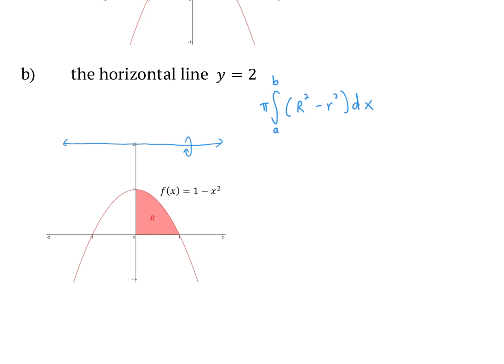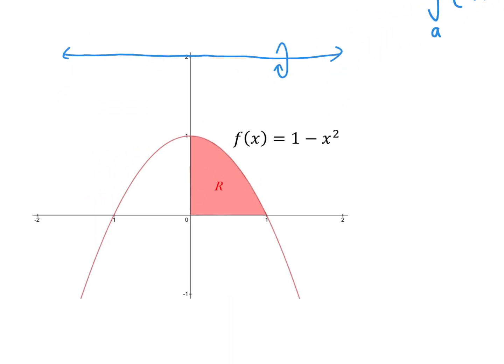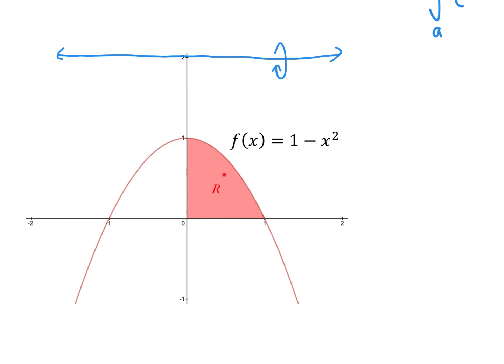Okay, so I don't know if you can picture this, but when you rotate this shaded region around this line, this will be the outer part of the thing that gets rotated, and this will be the inner part of the solid that's formed. This will be the outside, and this will be the inside.